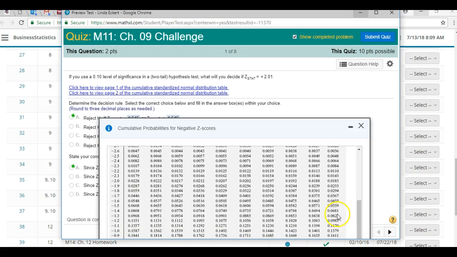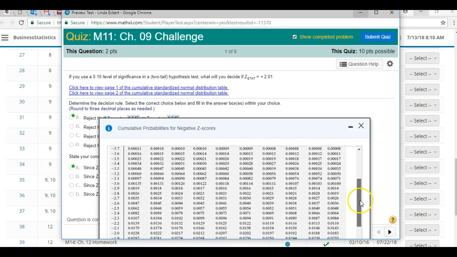Here's 0.045, and here's 0.0505. Let's go across. Okay, here we're close. 0.0505, not quite. You've got to be closer than that. Here is 0.0495. So it's about directly in between there.